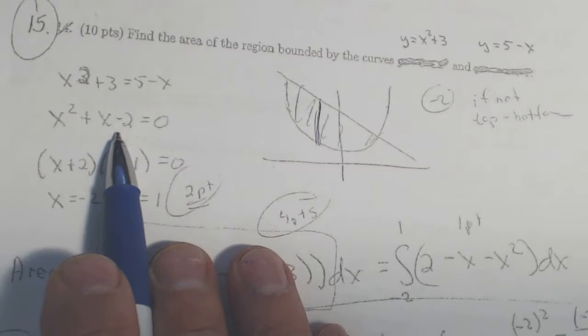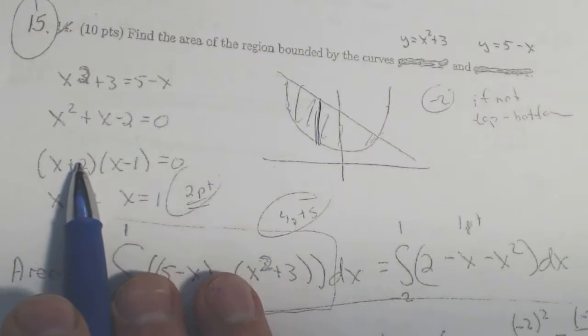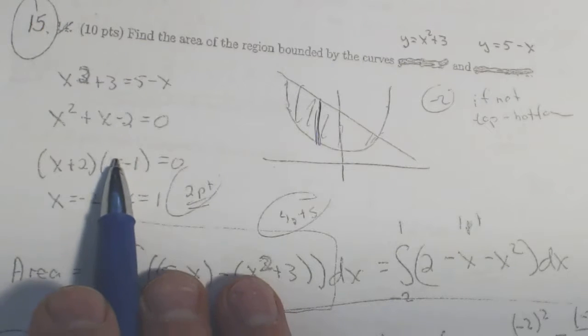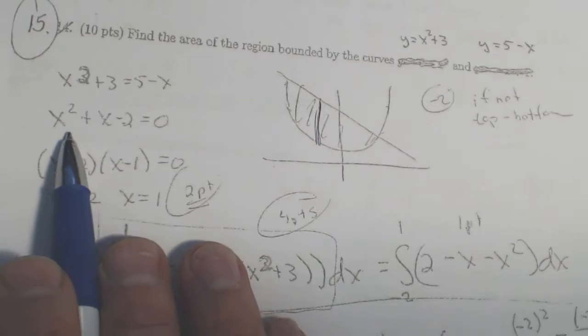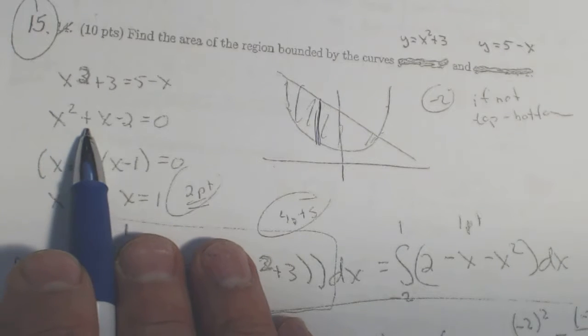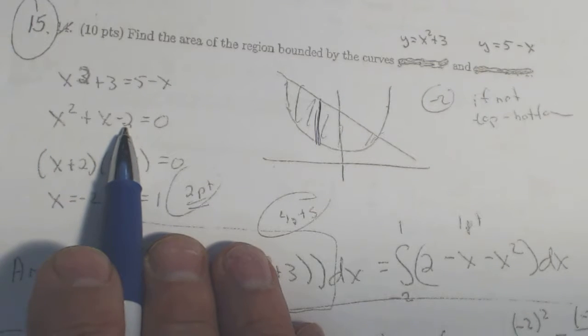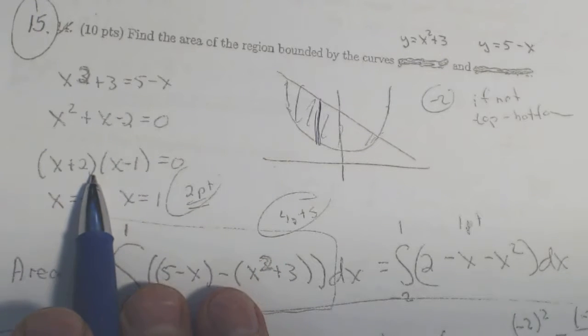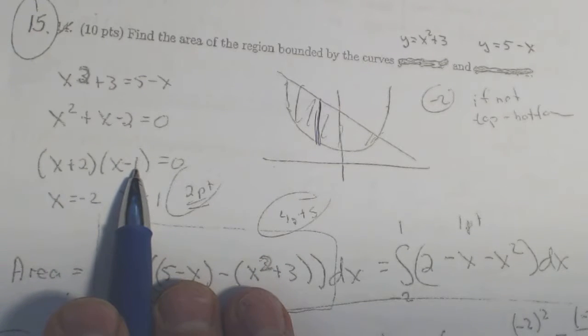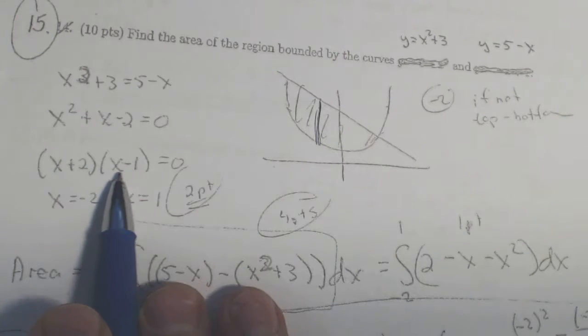We get to here. Now please, when you get to here, you're going to factor. We want two things that multiply together to give us that. Well, you put an x in both of the first spots, because that's how you're going to get your x squared. And now you're just looking for two numbers that multiply to minus 2, but add to a positive 1. They are 2 and negative 1. If you're not sure you got it right, just check using FOIL.